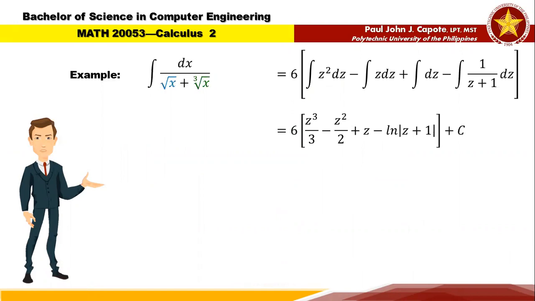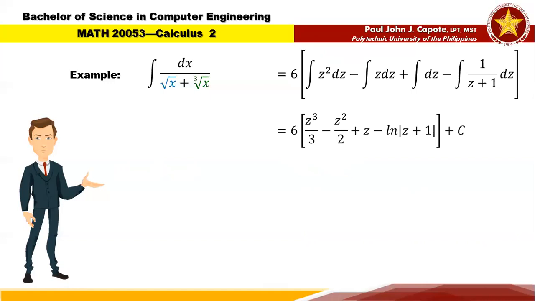Then, evaluating the integral of each integrand, we get 6 times the quantity z cubed over 3 minus z squared over 2 plus z minus the natural logarithm of z plus 1, or the natural logarithm of the absolute value of z plus 1, plus c.